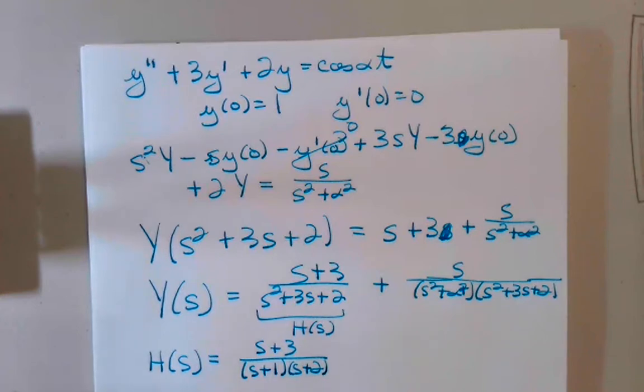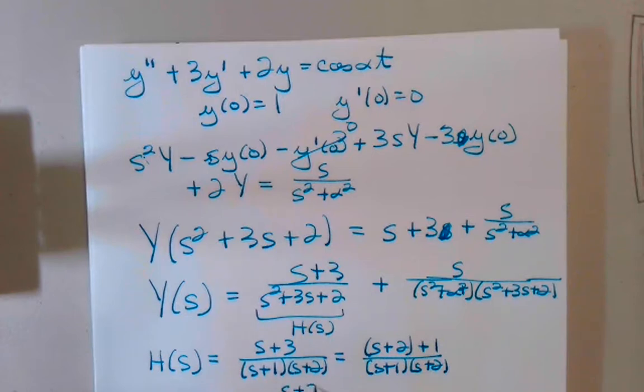Okay. So I could think of that as S plus 2 plus 1 over S plus 1 times S plus 2. So by my handy dandy algebra bag, that's S plus 2 over S plus 1 times S plus 2 plus 1 over S plus 1 times S plus 2.